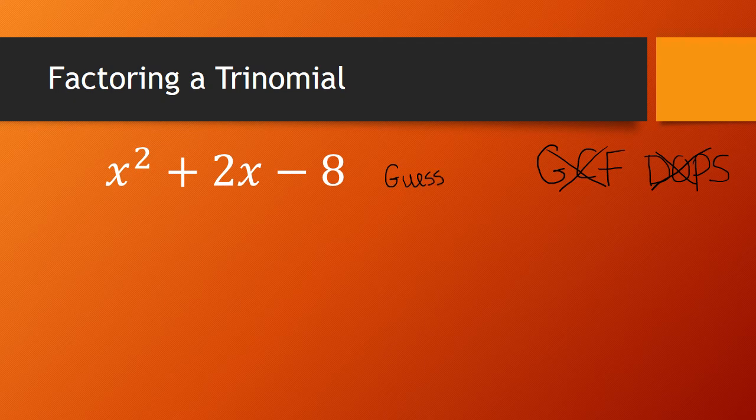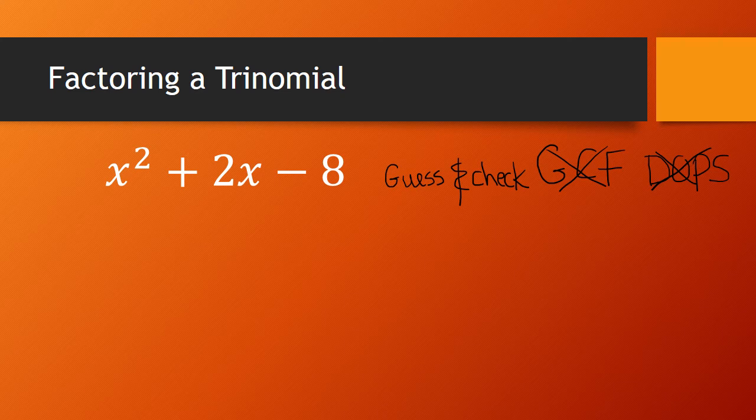It's called guess and check because we guess what the numbers in the factors are, and we check to find out if these numbers work together to produce this trinomial.